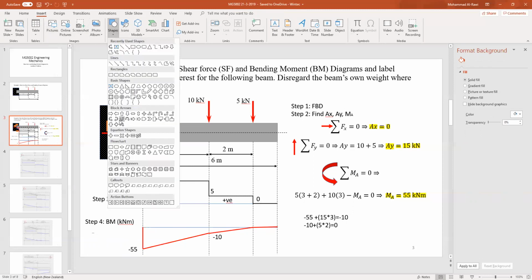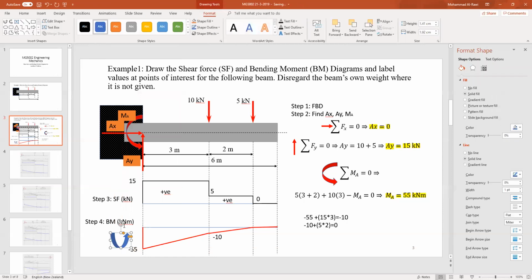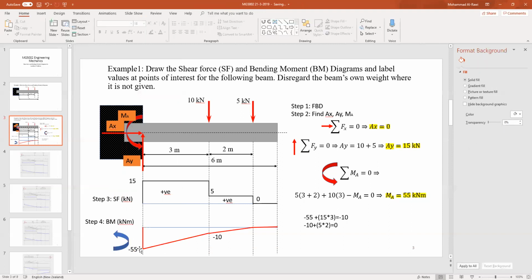So if we get this one as positive, therefore this one is also anti-clockwise, so it's minus 55, and then because of the positive area, we're subtracting and adding, so minus 55 plus 15 times 3, and then that negative number plus 5 times 2, and then you get 0 and you finish that.